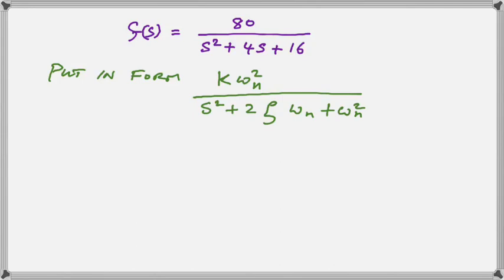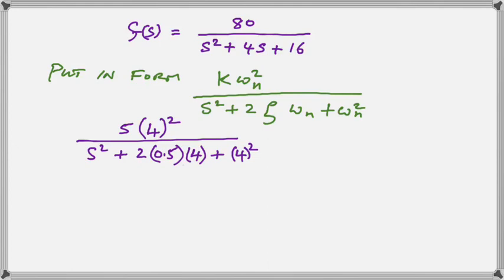So what are we going to do now? Well, we're just going to massage our above expression into that form, and we can immediately see that our damping ratio is 0.5 and our natural oscillatory frequency is 4 Hertz for this particular equation. And the K, which is the gain, is 5. So we have a gain of 5 in this particular system.